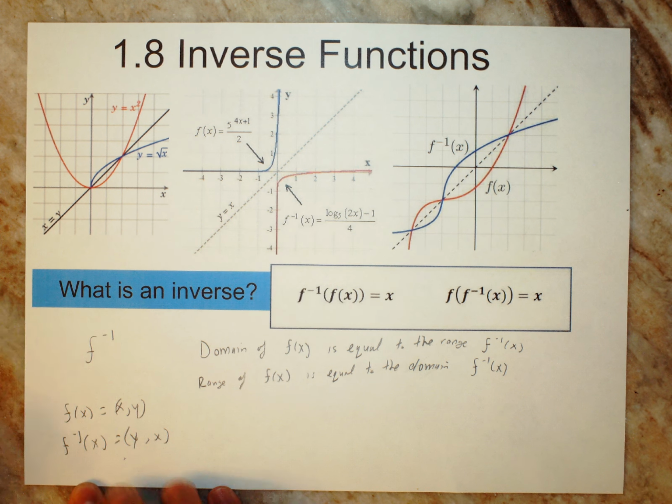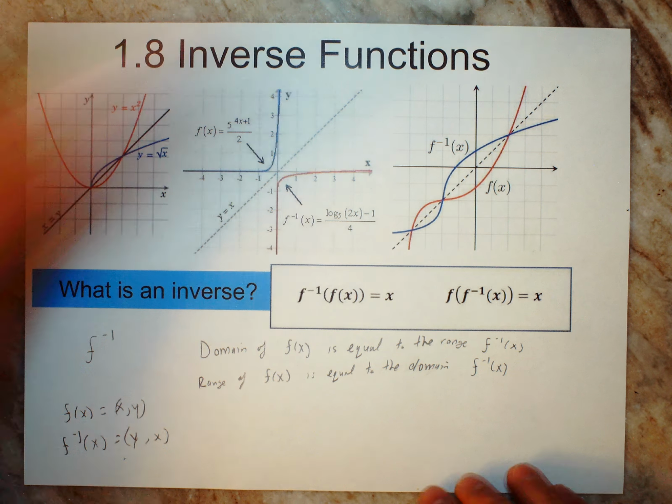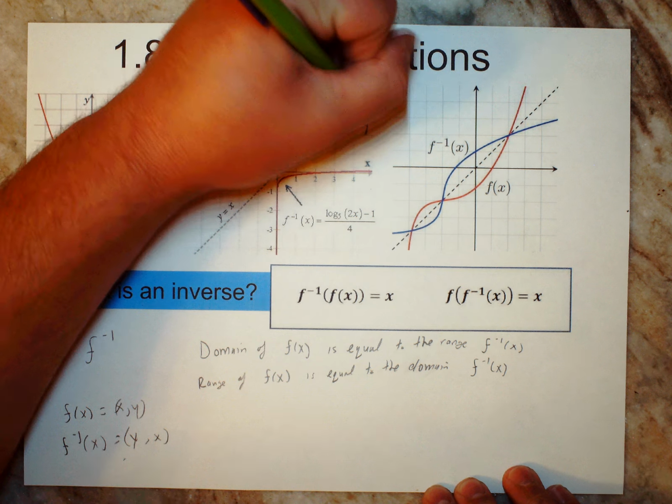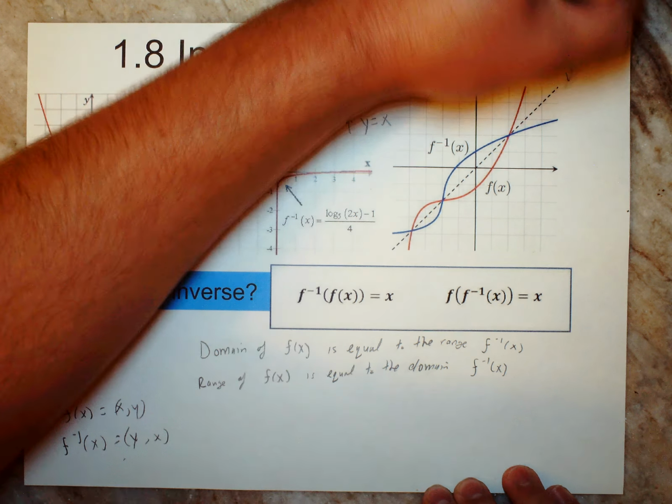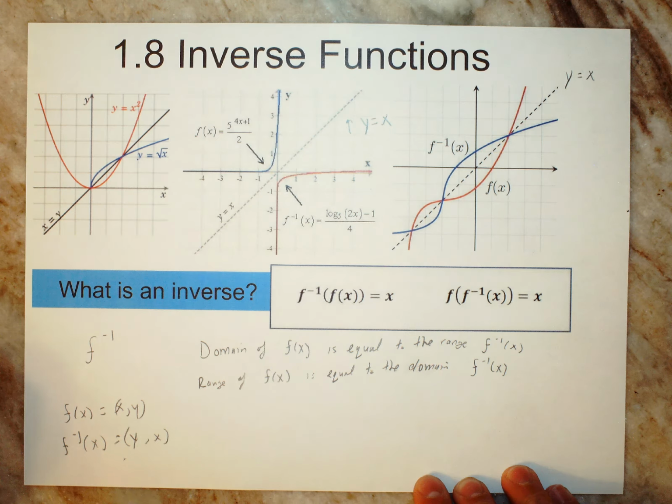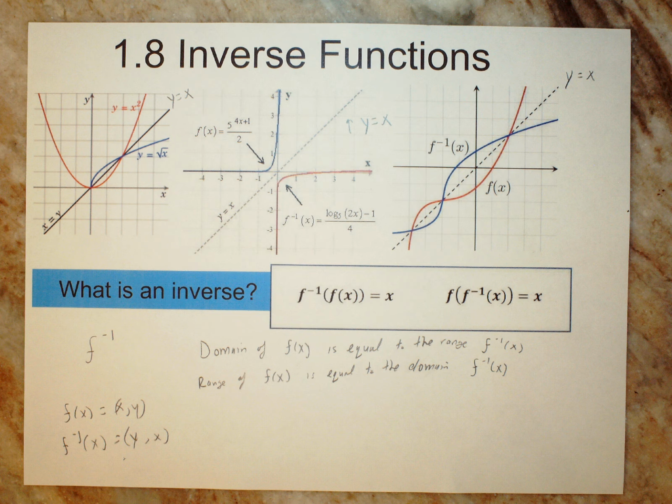You flip the coordinates. So that's why I'm showing you that. And if you look, there is a reflection over the line y equals x. So this line right here is y equals x. So that's just some basic notes on inverse functions.